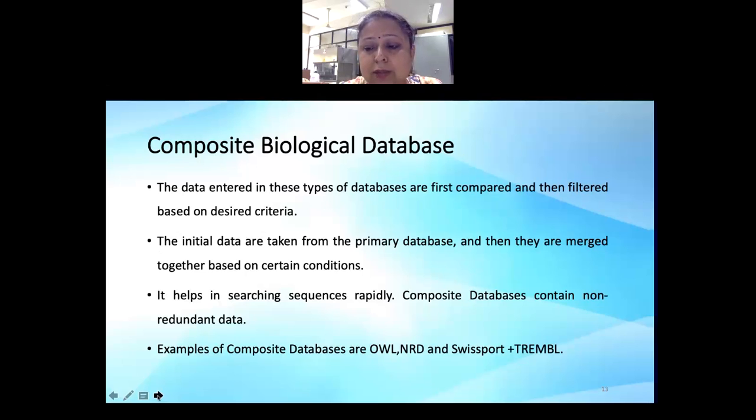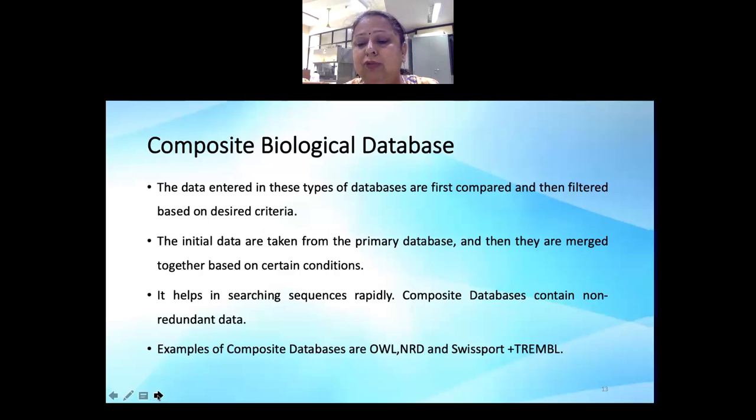So then there are composite biological databases. The data entered in these types of databases are first compared and then filtered based on desired criteria. The initial data are taken from the primary database.